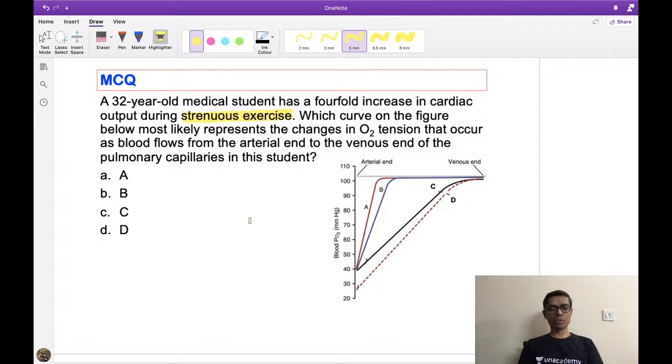So this is the clue: the person is doing strenuous exercise. Which curve on the figure below is likely to represent the change in oxygen tension that occurs as the blood flows from the arterial end to the venous end of the pulmonary capillary? Remember, this arterial and venous end written here is the pulmonary capillary.